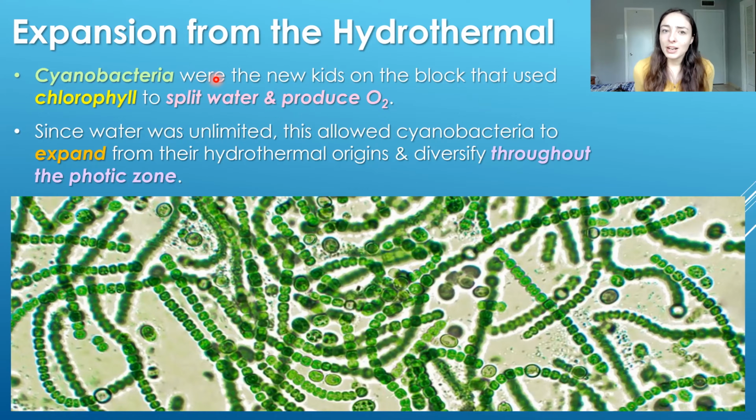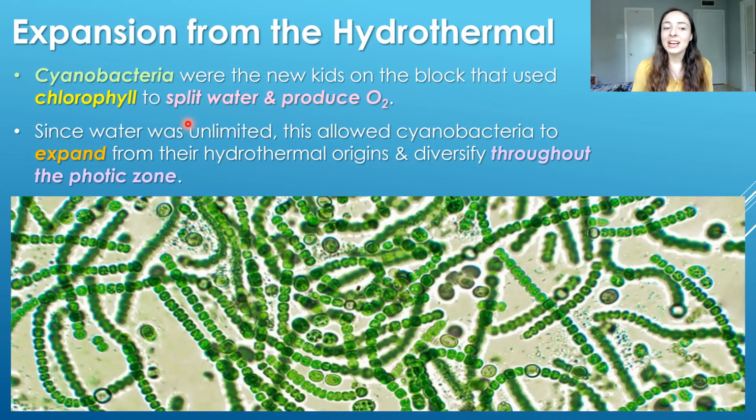And not only was this monumental because oxygen was produced and eventually that led to us being able to evolve and live because we breathe oxygen, but this was also monumental because since water is unlimited, instead of being limited to hydrothermal vent fluid, it was literally everywhere in the ocean. It's made of water.